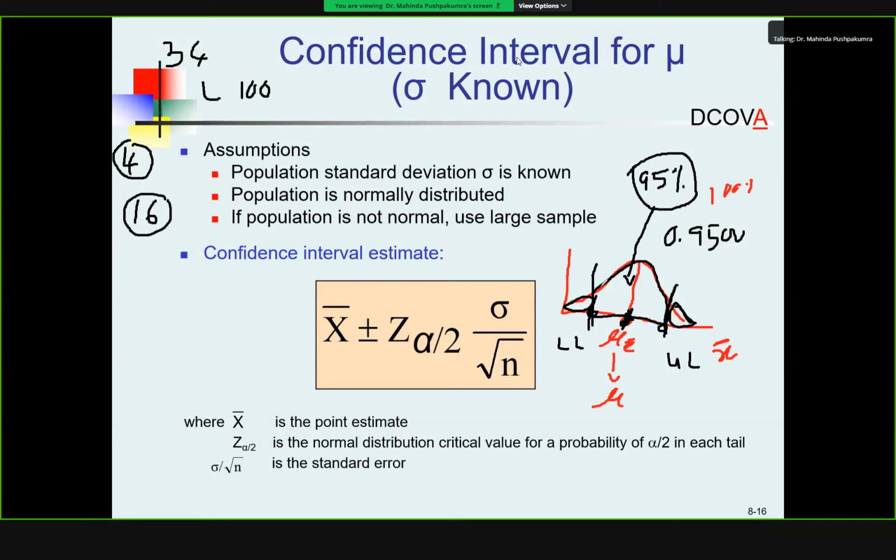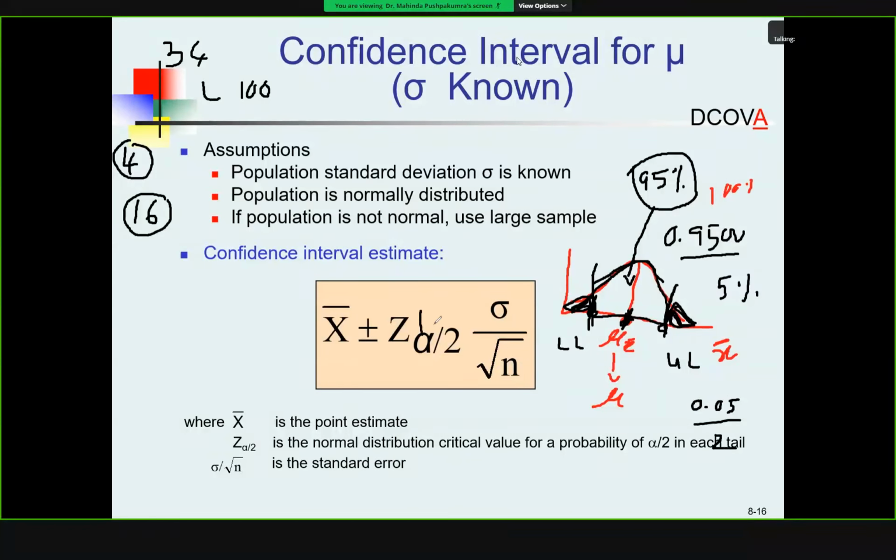Then if this area is 95%, that means in probability it is 0.95. Then how about these two areas? What is the probability of these two tails? It should be 5%, no? 5% means actually 0.05, divided by 2.